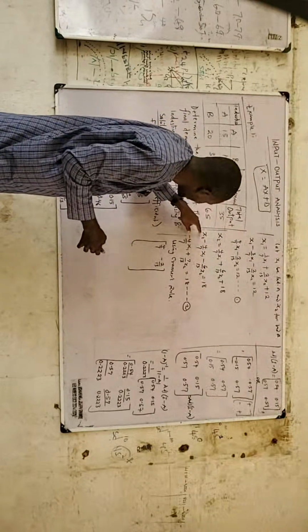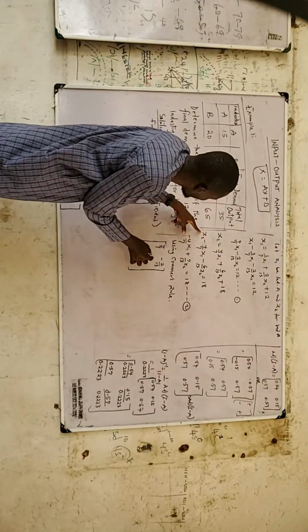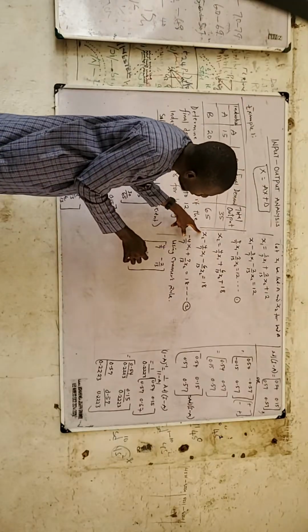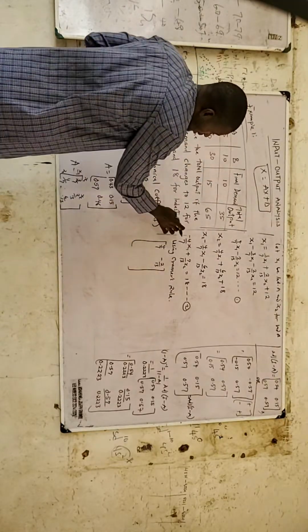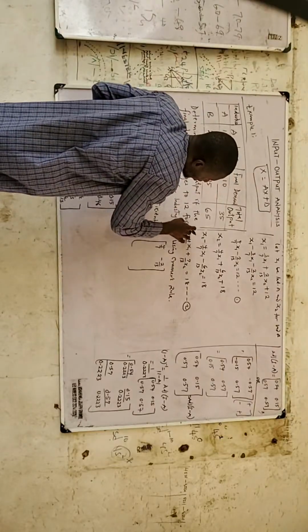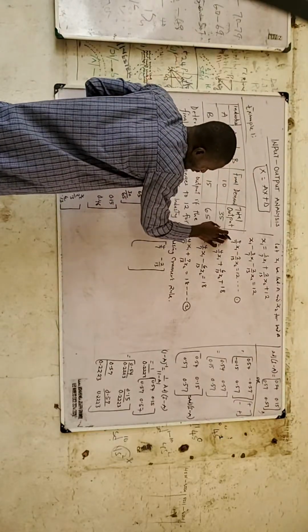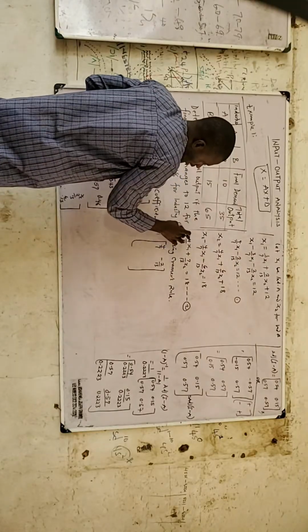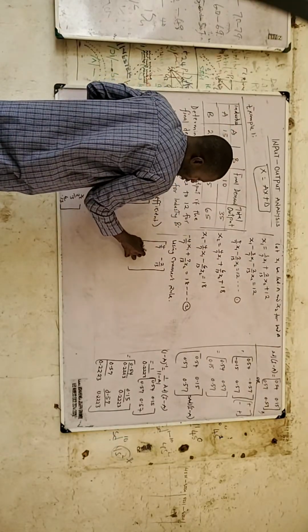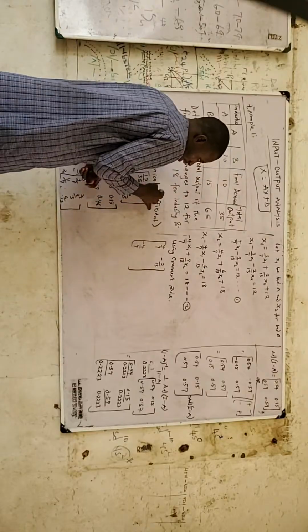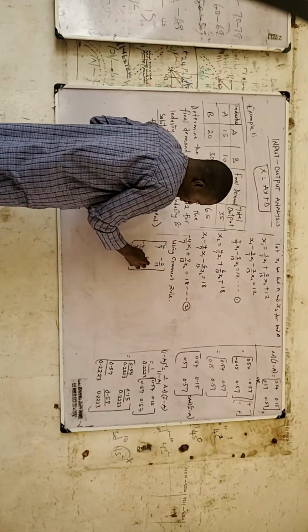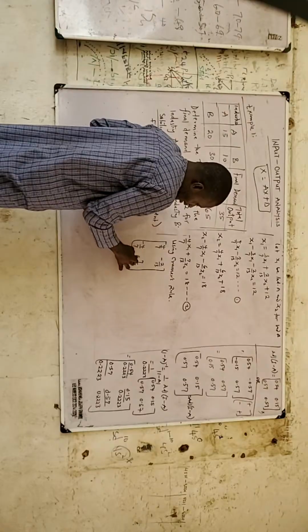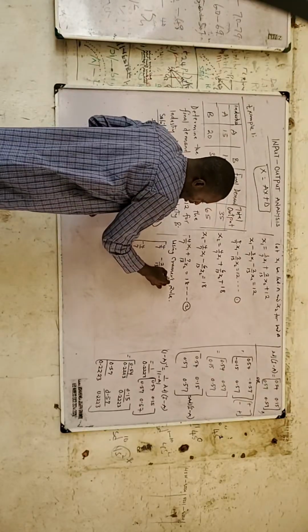The third number here is what? Minus 4 over 7. Okay, yes, minus 4 over 7. So this is 4 over 7, minus 2 over 13. Here is minus 4 over 7. Here is plus 7 over 18.